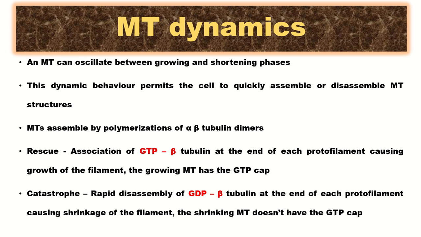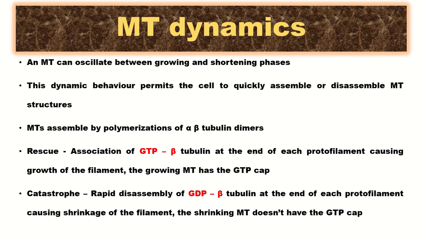By now, you have definitely understood what is growing and what is shortening. Growing means what? Subunits will add to the growing end or plus end, and shortening means what? Disassembly of subunits will take place, which will cause shrinkage of the filament.